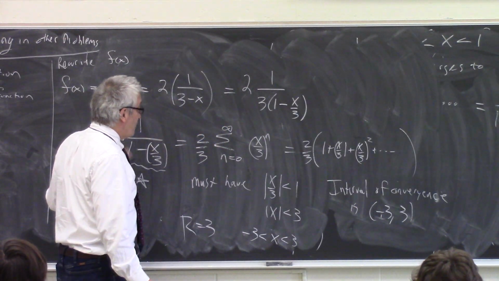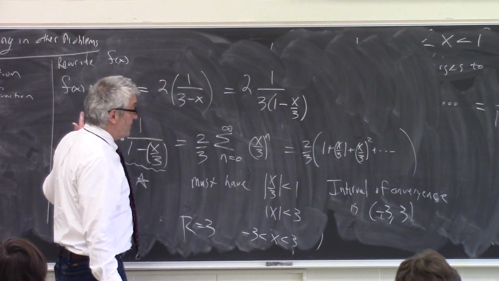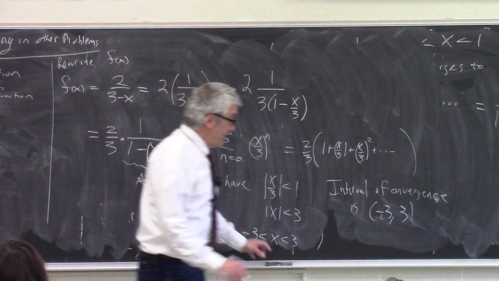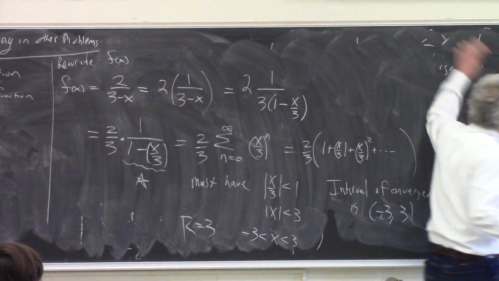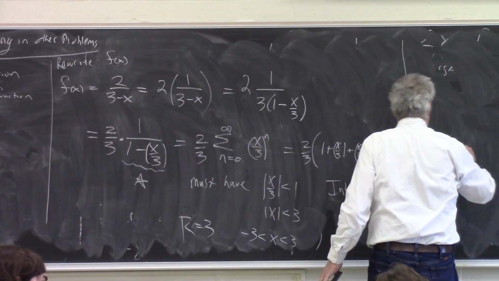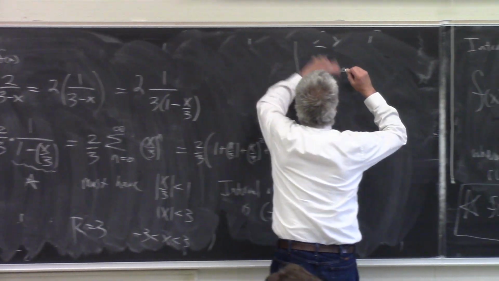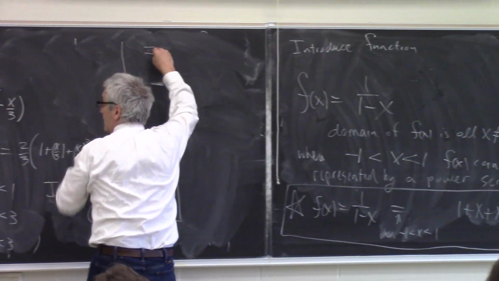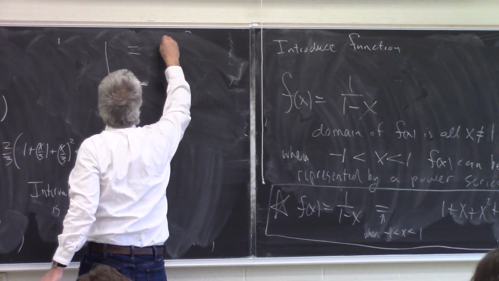Now, our job, though, was to write the function as a power series. I haven't written it as a power series yet. So let's keep rewriting the function. So I can bring the 2 inside.